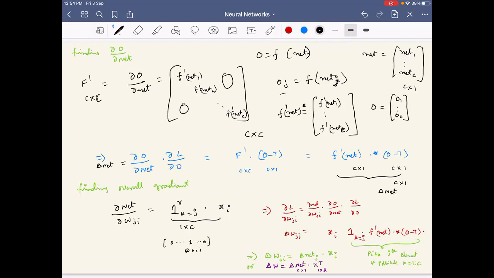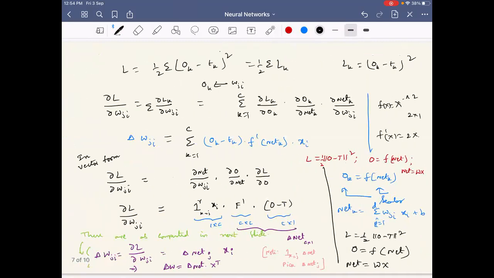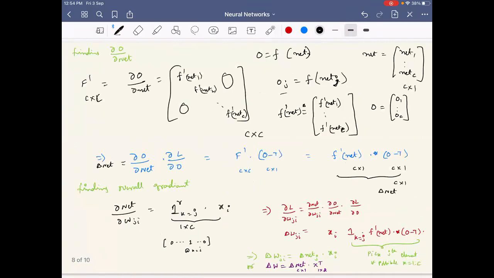Now if we compute the whole thing together, bringing these two together, what are we doing? We are trying to pick the jth element in this vector. If this is C cross 1 and this is 1 cross C, I am picking the jth element and multiplying with xi.